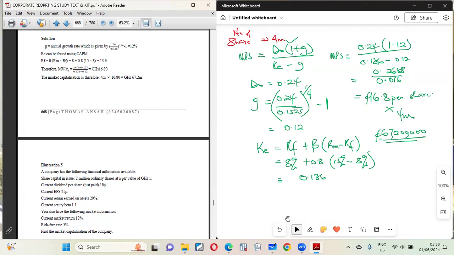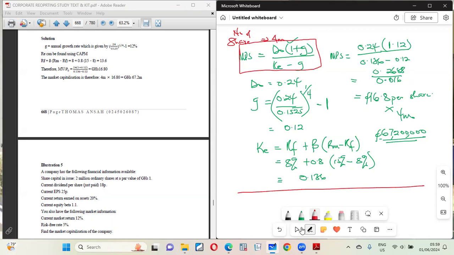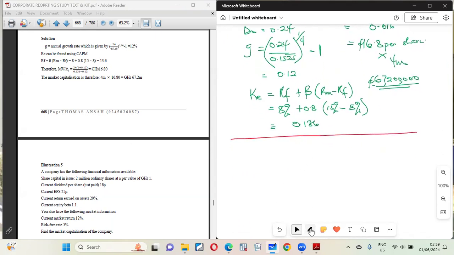So the same formula is what we use. This is the formula to determine the price. But the D0 in this case is 18 pesos. So D0 is 0.18. All right, so that is that. Then we need to find KE and growth. Given the information here, you cannot go and use this methodology for growth. No, you can't, because you don't have dividends of previous years.